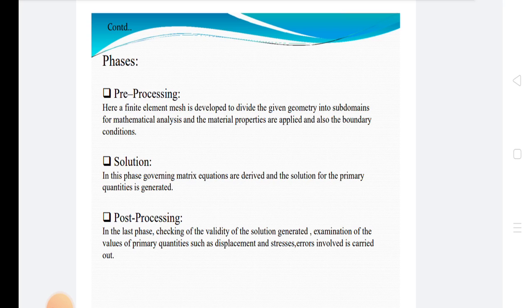In the solution phase, the governing matrix equations are derived and the solution for the primary quantities is generated. In post-processing, the last phase, checking of the validity of the solution generated, examination of the values of primary quantities such as displacements and stresses, and errors involved is carried out.